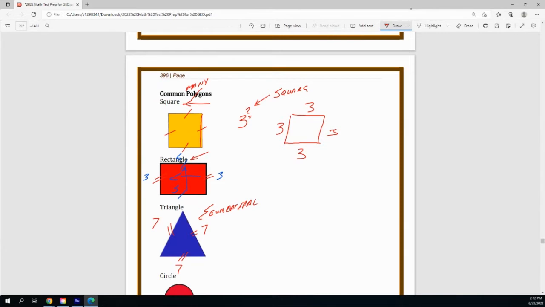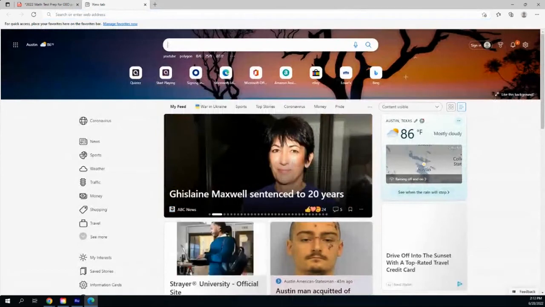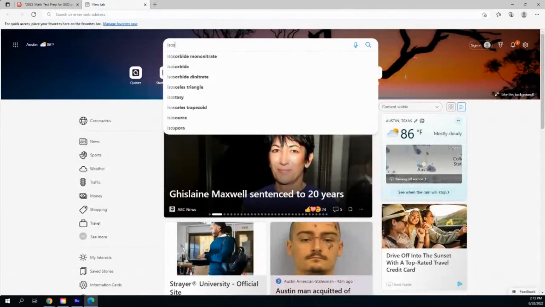The next one is where only 2 sides are the same. We call them legs. If this leg is the same as this leg, but they're not the same as the base, that's called isosceles. So let's make sure I'm spelling this right.